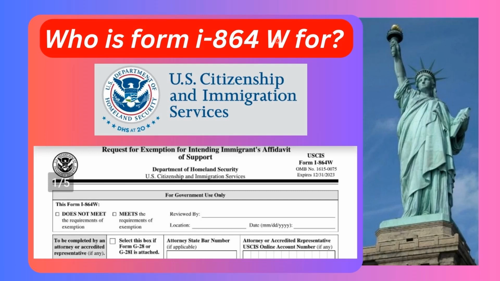If you are a self-petitioning battered child or spouse, you qualify to document and claim the exemption. So you fill out Form I-864W. Those are the four categories of people who can file, document, and claim the exemption by filling out Form I-864W.